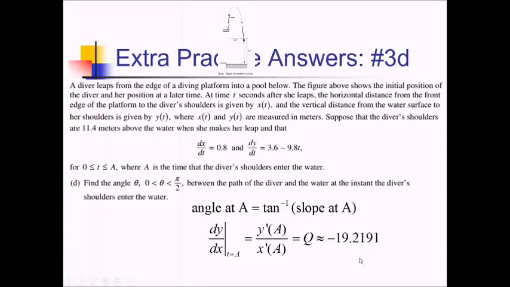So now to get the actual angle, I've got a slope here. To get the angle out of this, I need the absolute value of the inverse tan of this. And I say absolute value because, I mean, you have a downward slope, but they wanted a positive angle here. So we're just going to consider this as like a positive slope to get a positive number just to make them happy. So we'll do the absolute value of tan inverse of q.